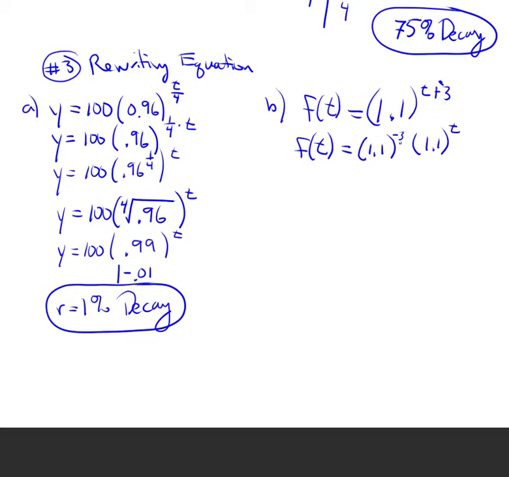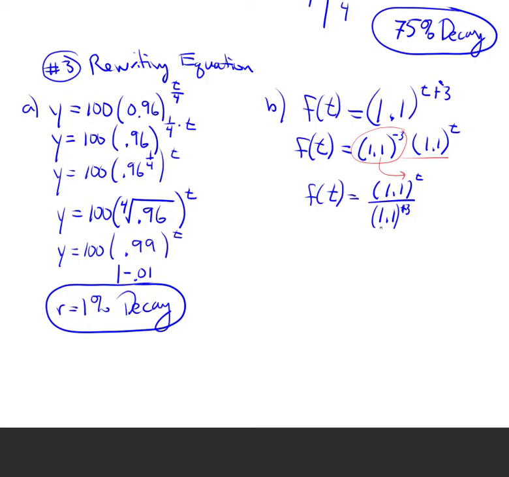Now how do I deal with this negative exponent? Oh, I can take that negative exponent and put it in the denominator to make that exponent positive. So f of t equals, in the numerator, 1.1 to the t power over 1.1 to the negative 3 power. Oh no, it's positive now because I moved it down. So it's positive 3, which is what I like.